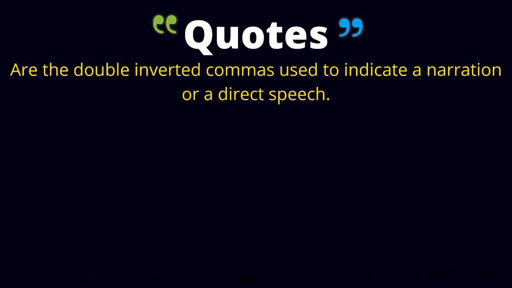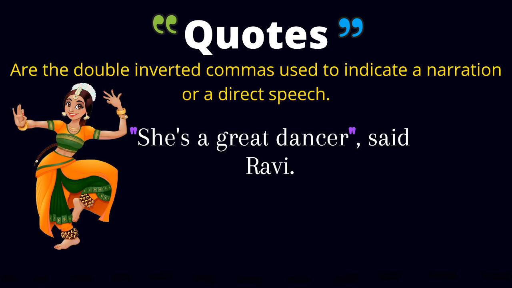Quotes are the double inverted commas used to indicate a narration or a direct speech. She's a great dancer, said Ravi. This is the direct speech by Ravi, which is denoted in inverted commas.